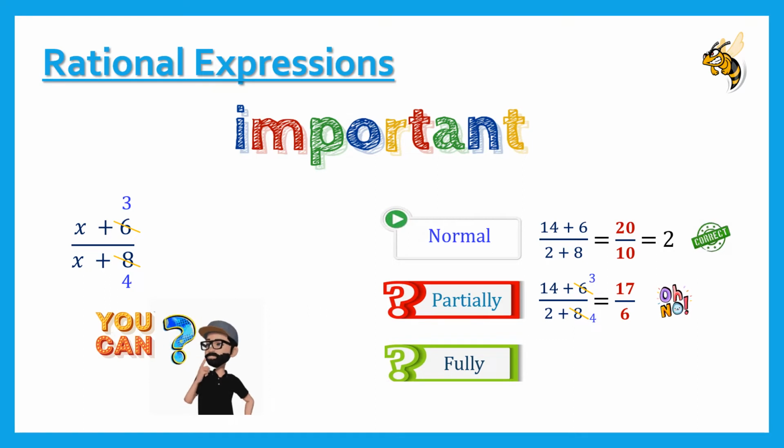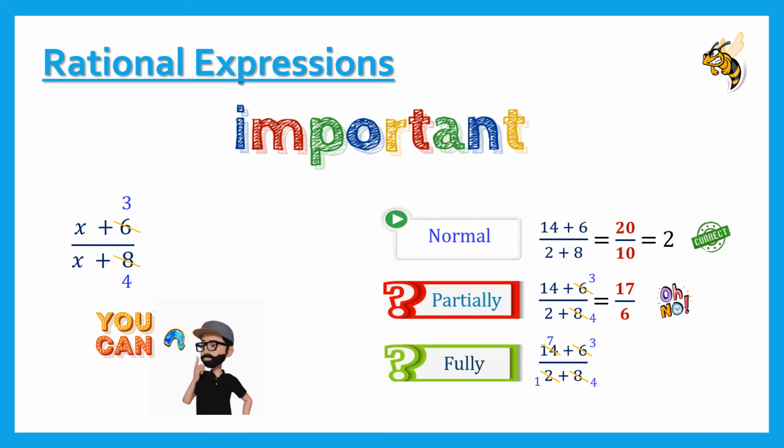What if we should simplify fully? Using the same expression, 14 plus 6, 2 plus 8, and realize that in all 4 terms, all 4 integers can be simplified by 2. 2 goes into 14 7 times. 2 goes into 2 1 time. 2 goes into 6 3 times. And 2 goes into 8 4 times.